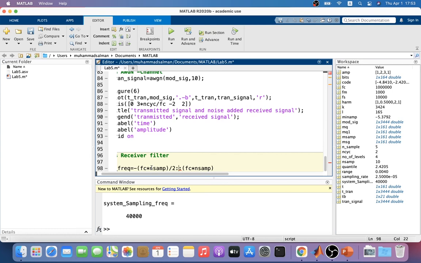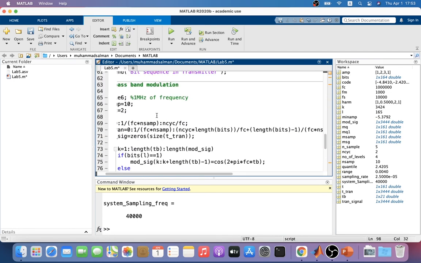I always forget the spelling of this one. Okay, I have this one. Oh, sorry, not this one. I have to use this one again, because I have to make a very small offset. This divided by this small offset, which is t transmitted.